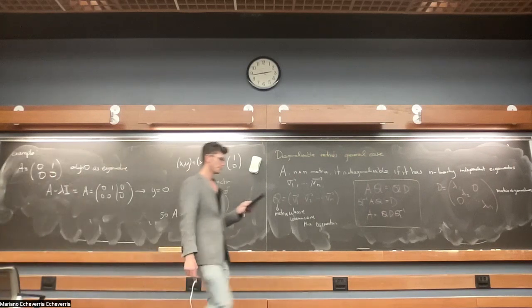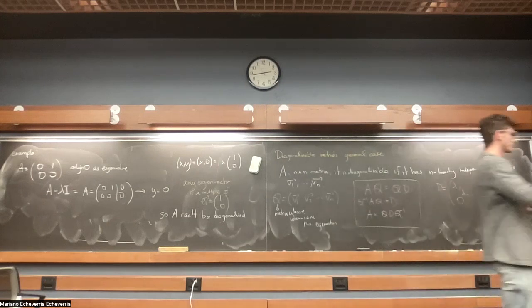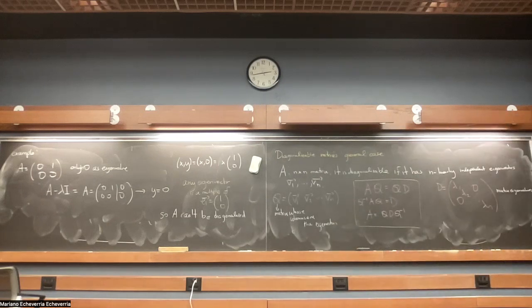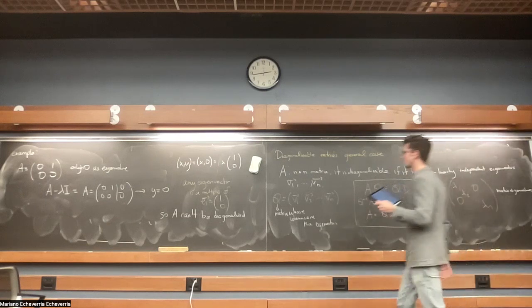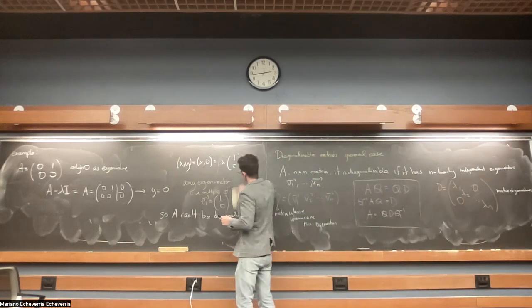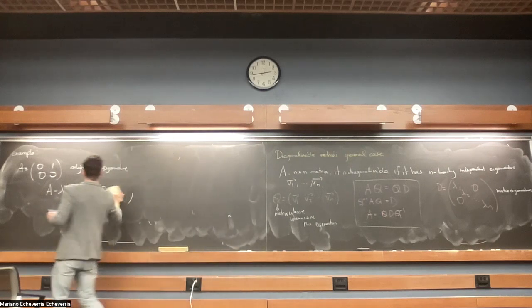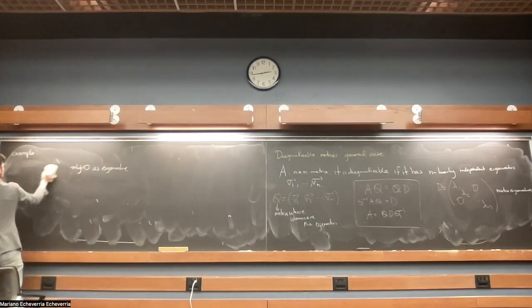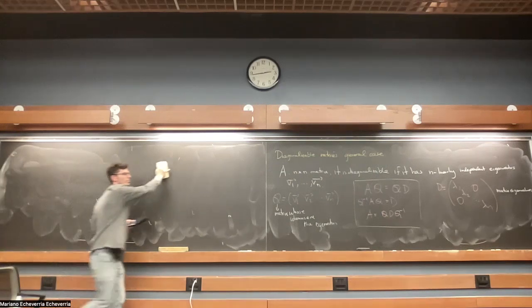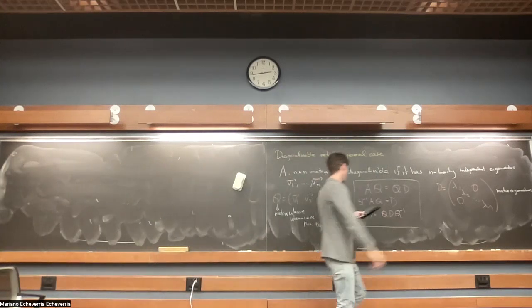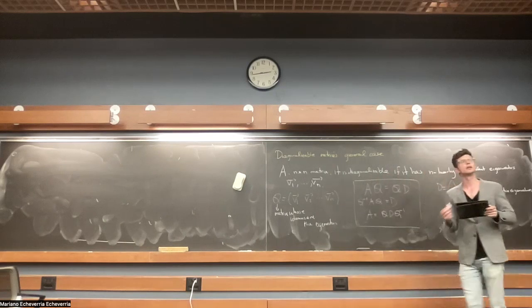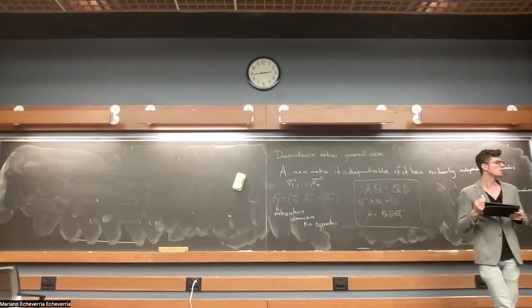If you want, I can give you an example of a 3 by 3 so that you have an idea. It's on the PDF. The most I would ask you to diagonalize in practice is a 3 by 3.